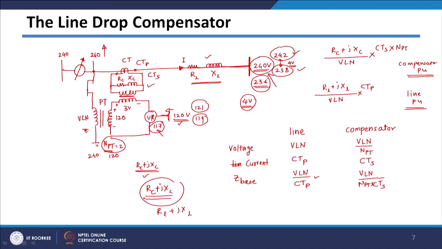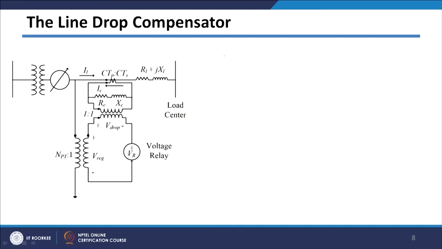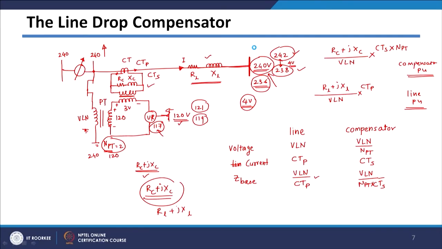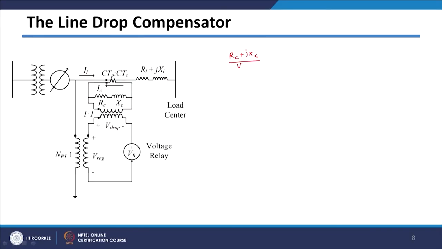So, on the next slide I will just take them. In this case we have got RC plus JXC divided by VLN into CTS into your NPT, which is equal to RL plus JXL divided by your VLN multiplied by your CT primary ratio.